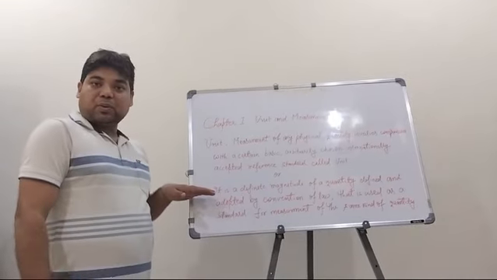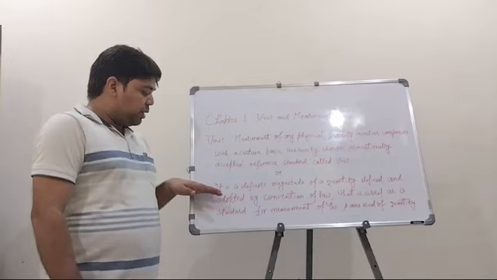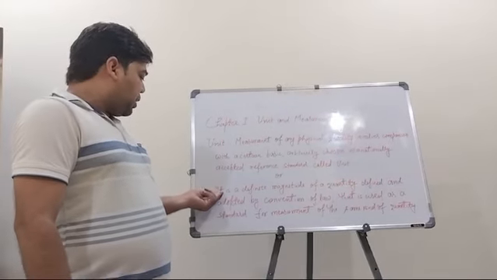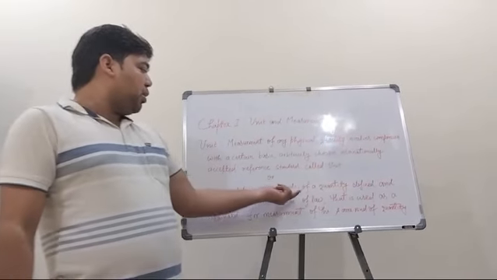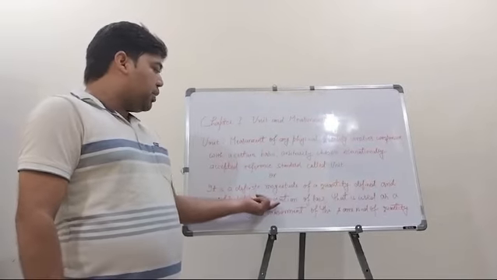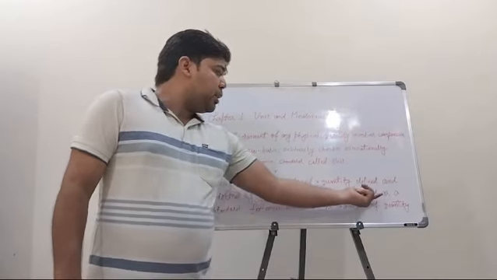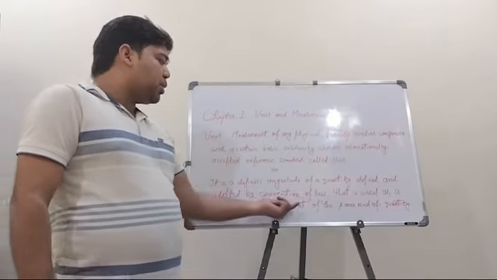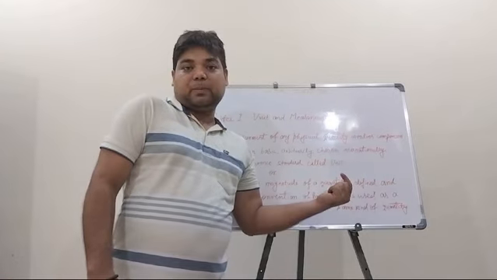Another definition of the unit can be here. It can be said that it is a definite magnitude of a quantity defined and adopted by a convention of law that is used as a standard for measurement of the same kind of quantity.